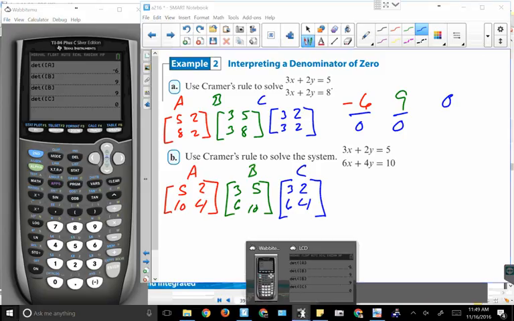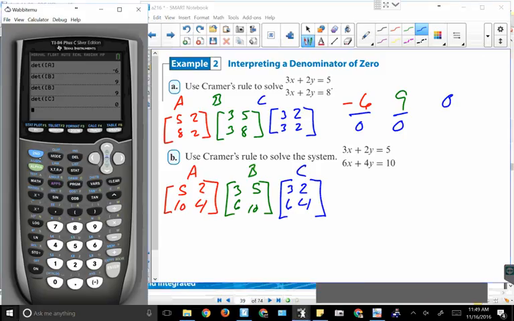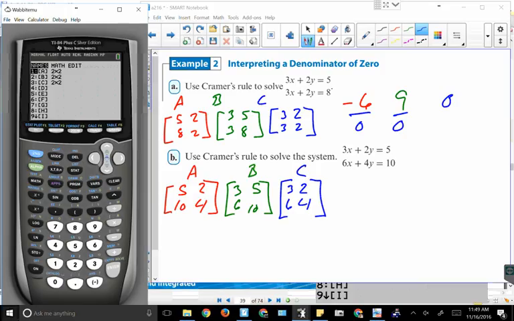So, put the matrices in. Second matrix. Edit out A. Enter, enter. We end up with 5, 2, 10, 4. Okay. Second quit. Second matrix. We're going to edit out B. Enter, enter.